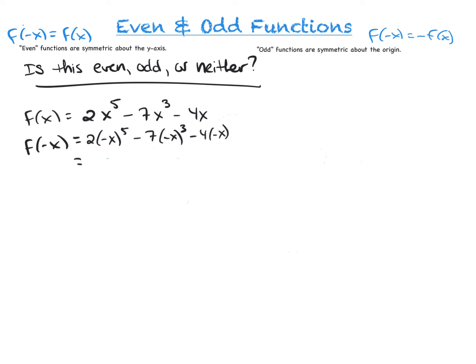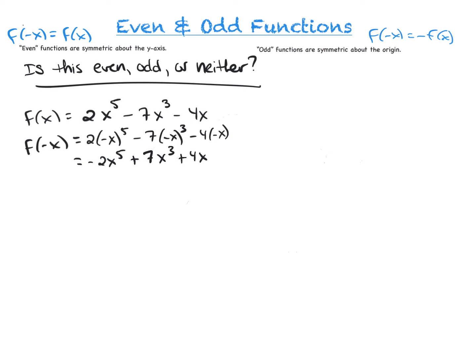Negative x to the fifth power is negative x to the fifth, so bringing the negative out front, negative 2x to the fifth. Negative x cubed is also negative x cubed, and bringing the negative out front with the negative 7, that would become positive 7x cubed. And then finally, negative 4 times negative x is positive 4x.